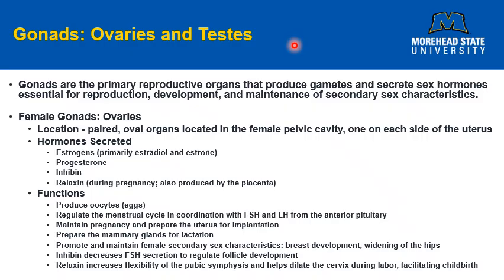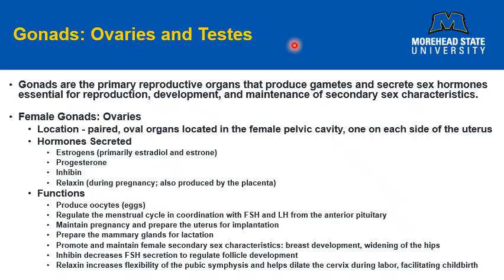And so the functions are probably stuff you already know, but it's there to help produce sex hormones, regulate the menstrual cycle, and maintain pregnancy, making sure that the pregnancy is getting the proper hormones and development for the uterus for implantation, preparing the mammary glands for lactation, and promoting secondary sex characteristics, so breast development and widening of the hips.